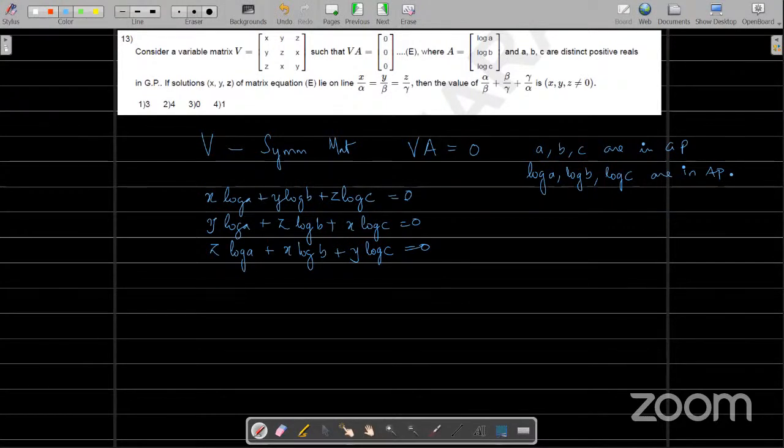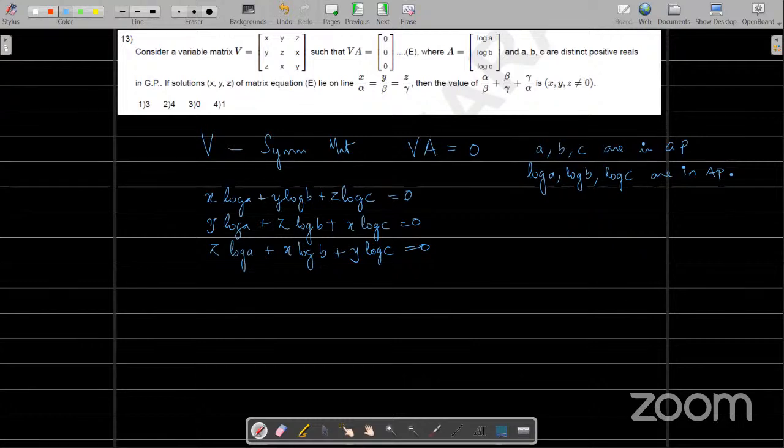Let us see if I can try and eliminate some set of equations. a, b, c are in GP, so that's also something that we need to keep in mind. What can we do to simplify this? We need x is to y is to z.